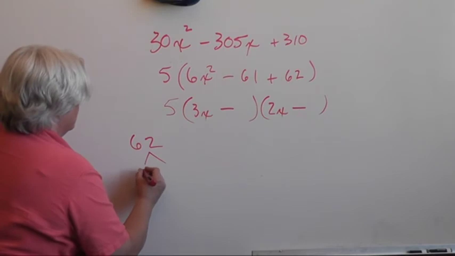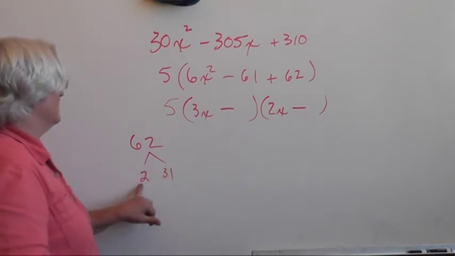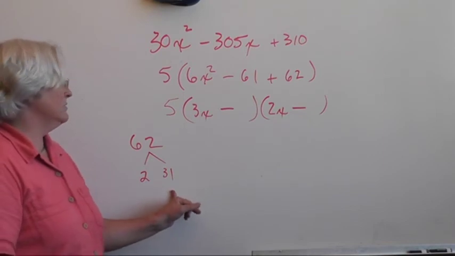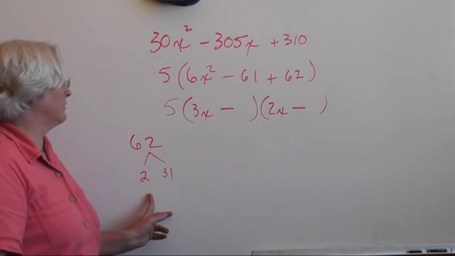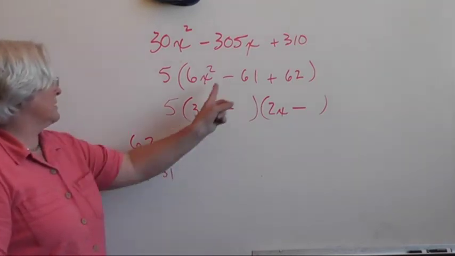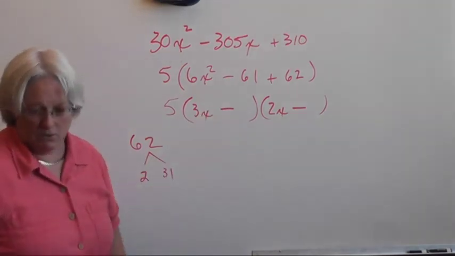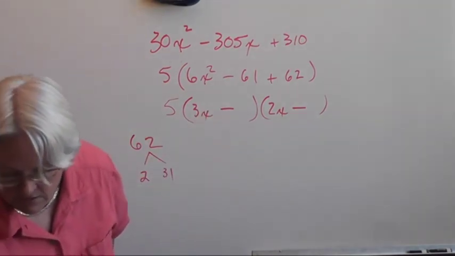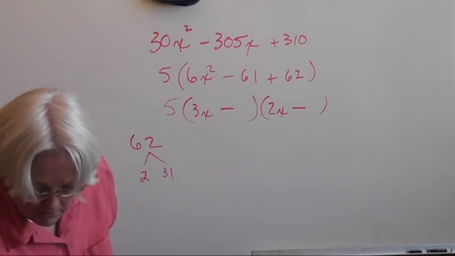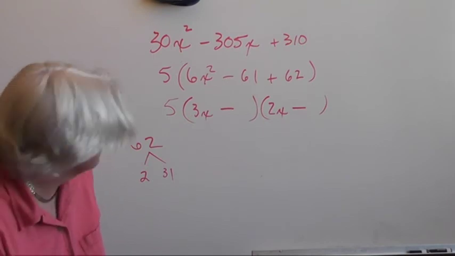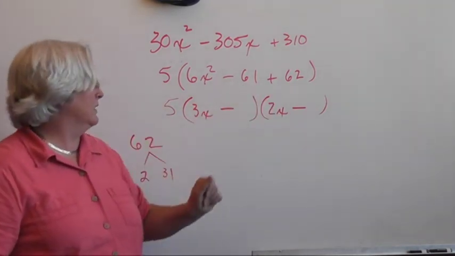That is 2 and 31. 2 times 31. 31 is prime. You can't do the division any further. We have to be able to come up with a negative 61. That really can't be what we're going to do. But it is. We want to have a negative 61.